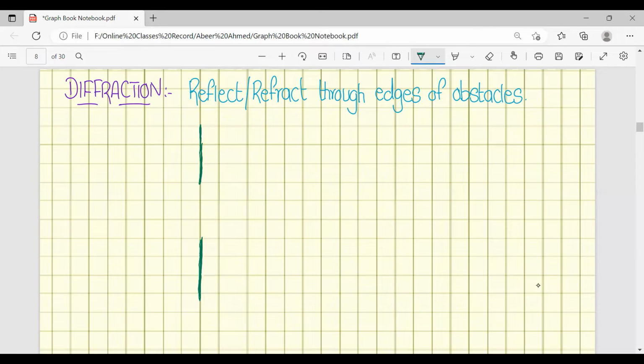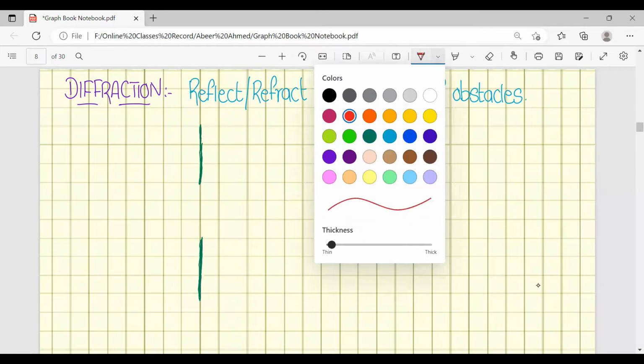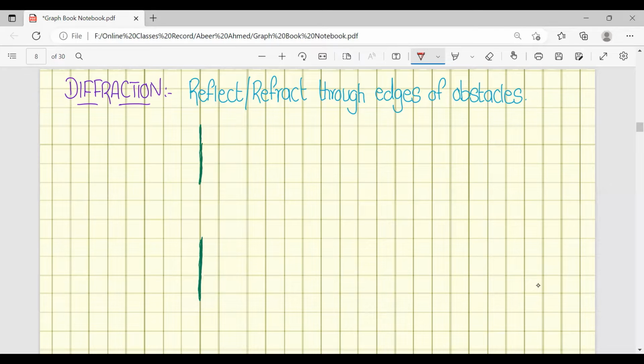And in our second example, obstacles are placed with a very narrow gap between them. So this is our situation number one, and this is our situation number two. You can easily differentiate these situations because in the first one there are sharp edges, and in the second one there is a narrow gap between obstacles, right?